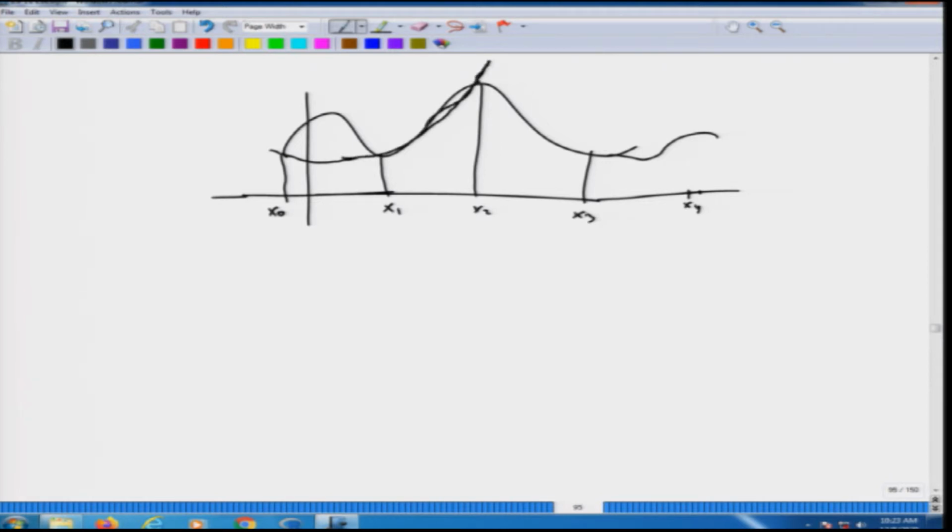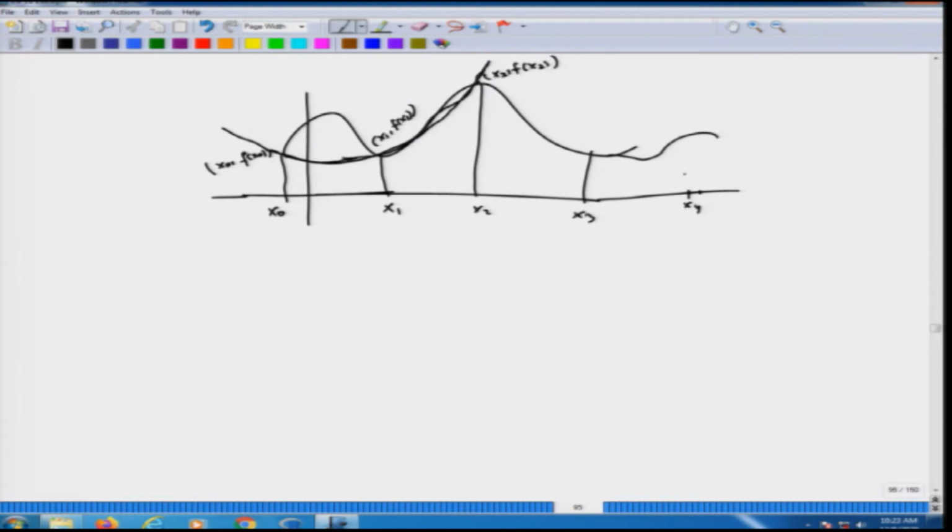This is a parabola which is passing through x naught. This is f of x naught. This is x 1, f of x 1. This is x 2, f of x 2.